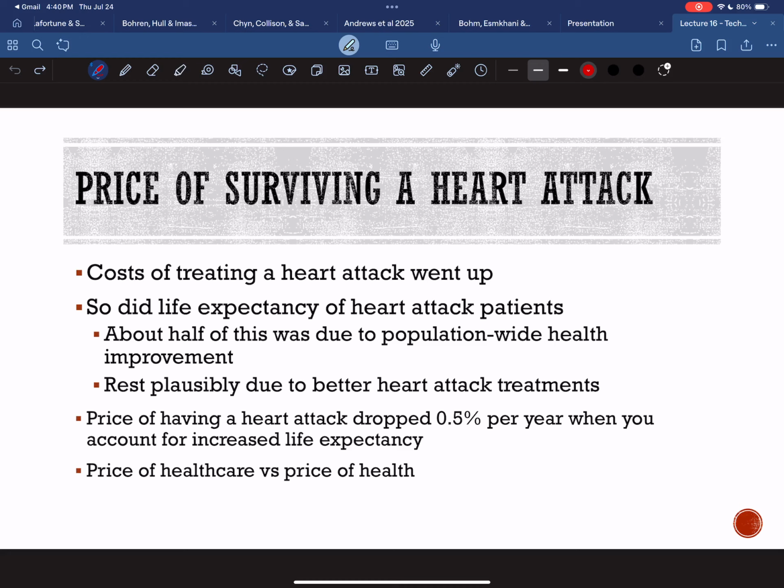So actually, even though a medical CPI would say the price is going up over this time period, when you look at the price of health as opposed to healthcare, the price of health was dropping even though the price of healthcare was going up, because even though the treatments were more expensive, they were more effective, right? And so this is a really good example that shows the price of health versus the price of healthcare.